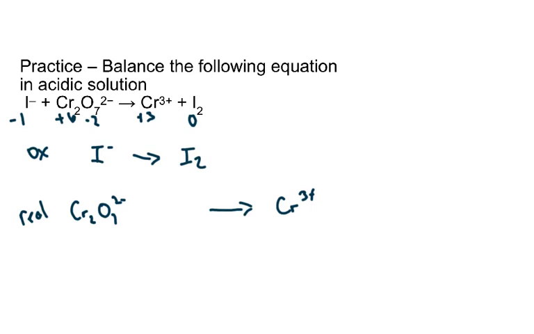For my oxidation reaction, it's very straightforward. I can just put a 2 there. Then for my reduction, I have 7 oxygens on my reactant side, so I'm going to need to add 7 waters to my product side. Then with my 7 waters, I get 14 H+.